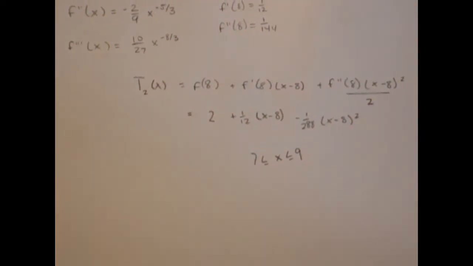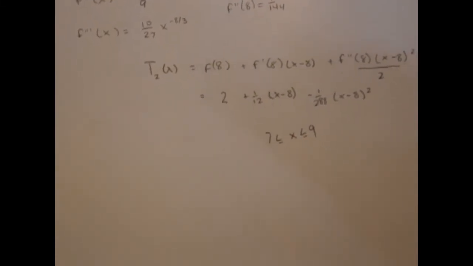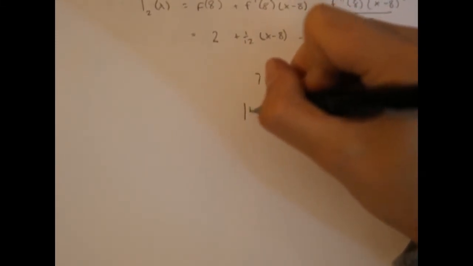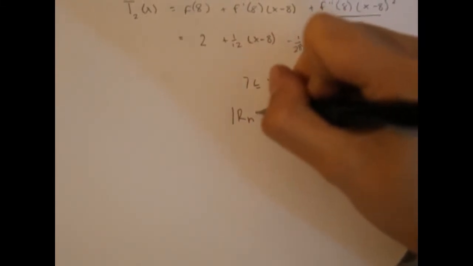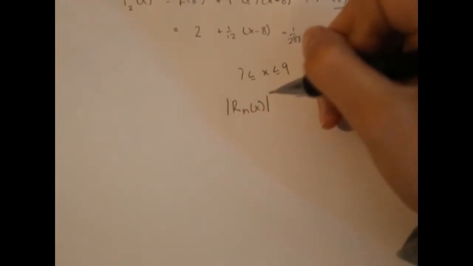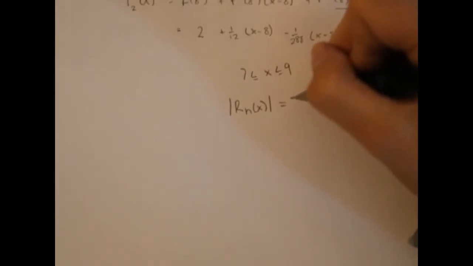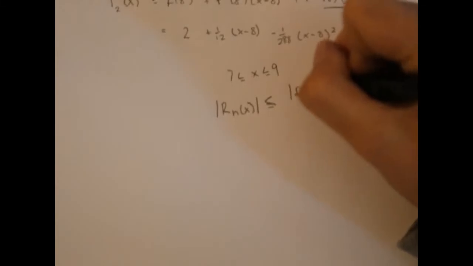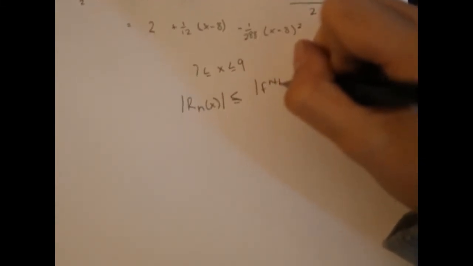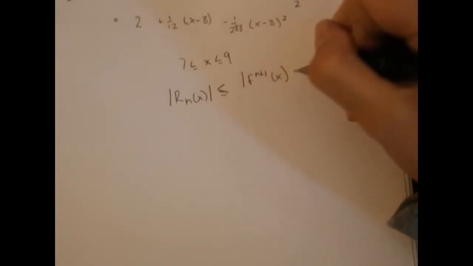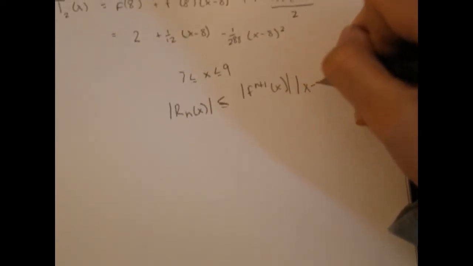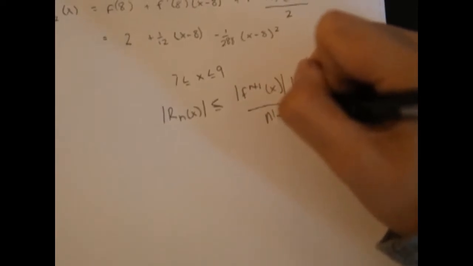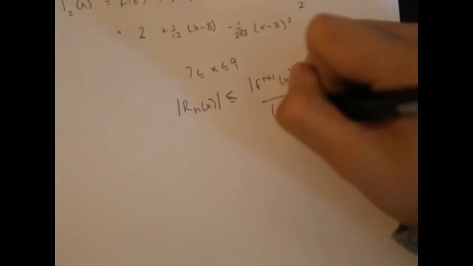Between 7 and 9, the error is going to be defined by an equation, so we're going to use the absolute value of R n of x is less than or equal to the absolute value of f to the n plus 1 of x times the absolute value of x minus a to the n plus 1, all divided by n plus 1 factorial.